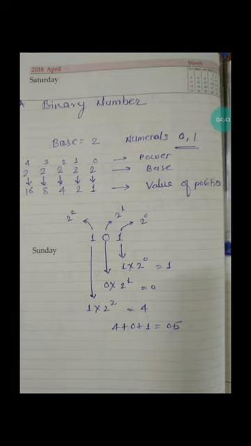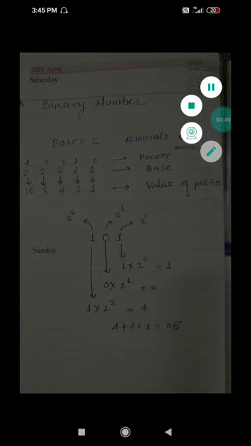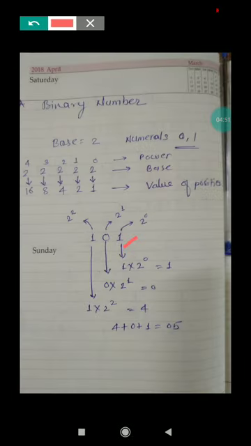Let us consider, for example, a binary number 101. This one is your LSB, that stands for least significant bit, and this one is your MSB, that stands for most significant bit. The least significant bit has the least value, and the MSB has the highest value.